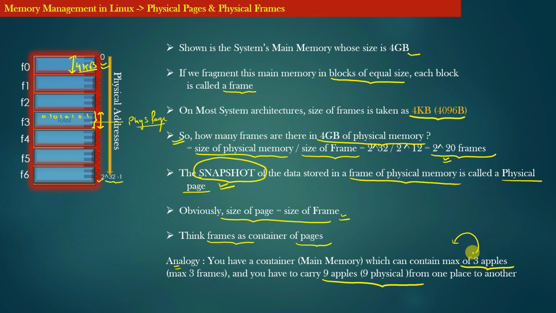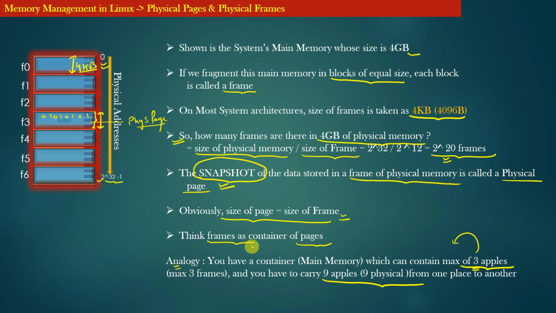You will come back with the empty container because you have taken out those 3 apples at your destination spot. Again you will place the next 3 apples in the container and again transport those 3 apples to your new location, and again you will come back with an empty container and you will repeat this exercise.